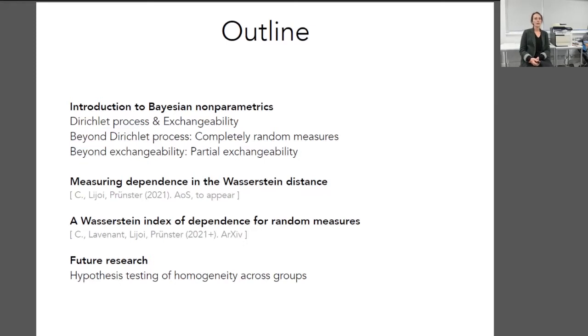So I will be describing a first work together with Antonio Lijoi and Igor Prünster, and then also how we developed this work into the creation of an index of dependence between 0 and 1, also together with Hugo Lavenant from Bocconi University. Finally, I will be describing some future research directions, which concerns the creation of a hypothesis test of homogeneity across different groups of observations.